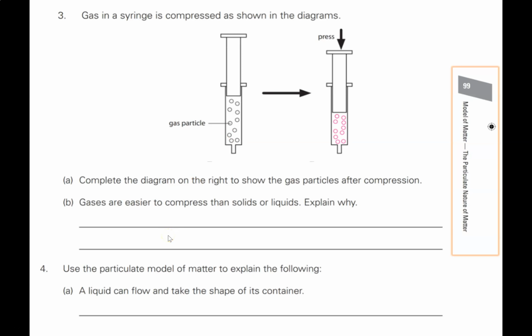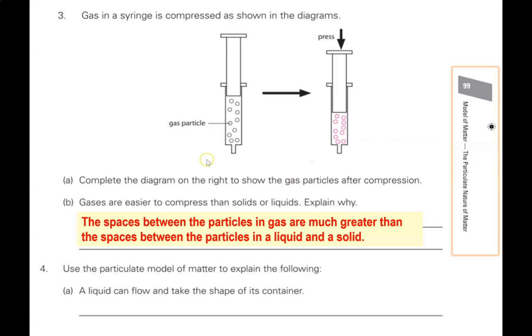Why? The spaces between gas particles are much greater than the spaces between the particles in liquid and solid. This allows the particles to move closer when they are being compressed.